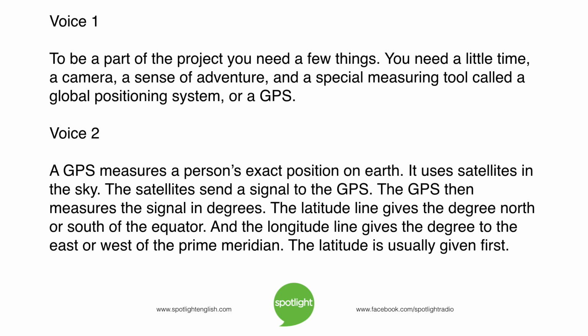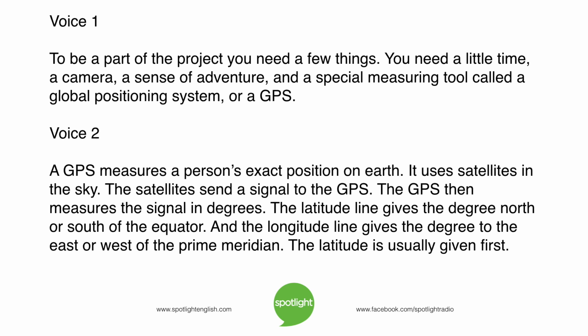A GPS measures a person's exact position on Earth. It uses satellites in the sky. The satellites send a signal to the GPS. The GPS then measures the signal in degrees.